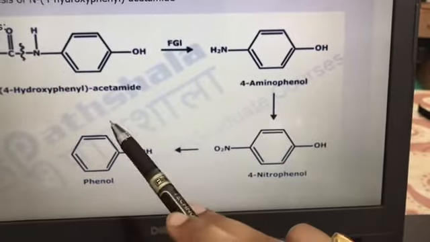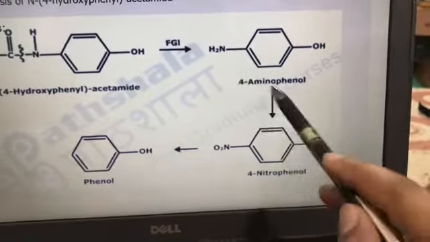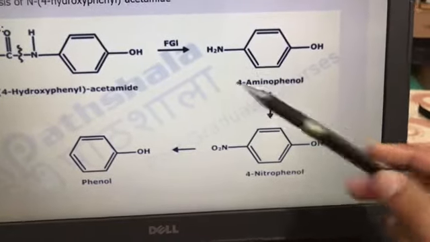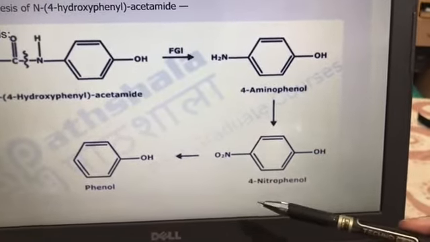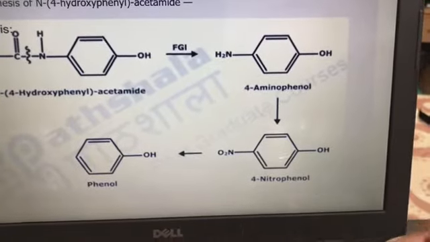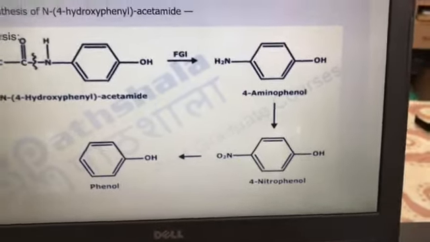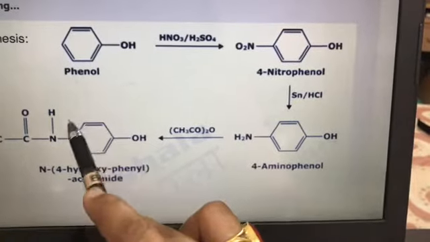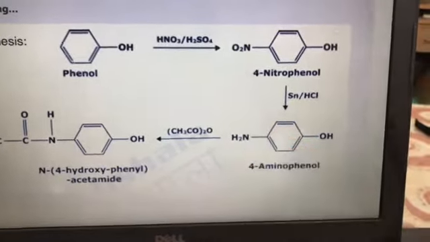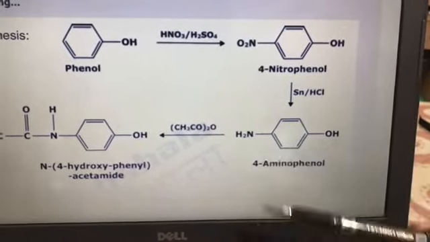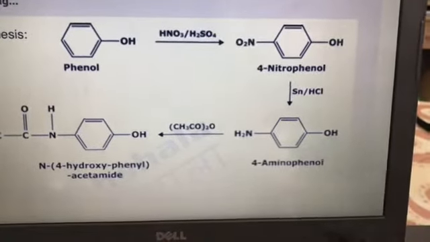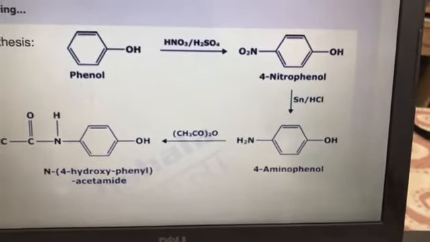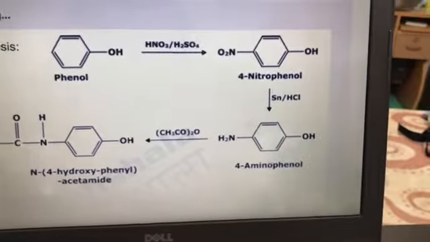Here we get the simpler amine, and we use FGA here to get a nitro compound, and this nitro compound can be obtained from phenol. Here I have shown the synthesis from phenol. Its nitration gives us para-nitro, and its reduction gives us 4-aminophenol, with the amine at the para position. Now we use acetic anhydride to give us this target molecule.